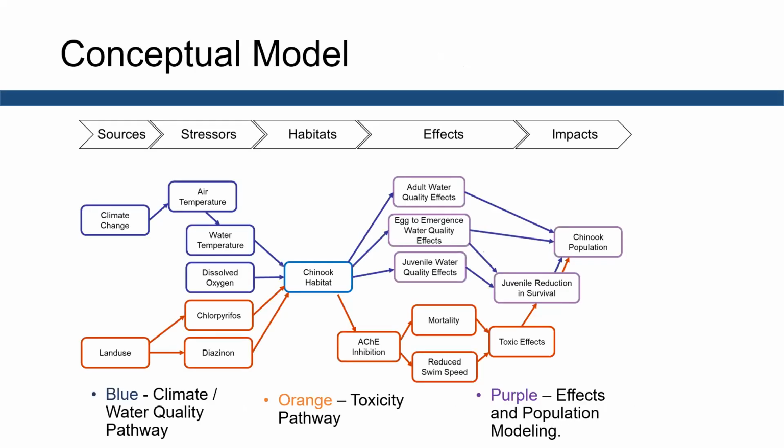So here's a conceptual model for my research, and this is a model that's taking into account pesticide concentrations and water quality variables and the impact to Chinook salmon through a toxicity pathway where the pesticides inhibit acetylcholinesterase, leading to lethal and non-lethal effects summarized in a toxic effects node.